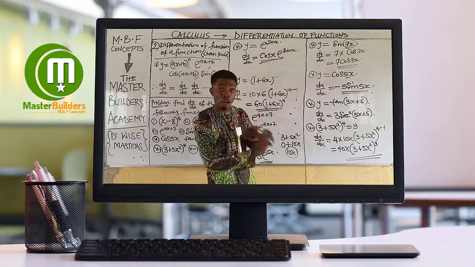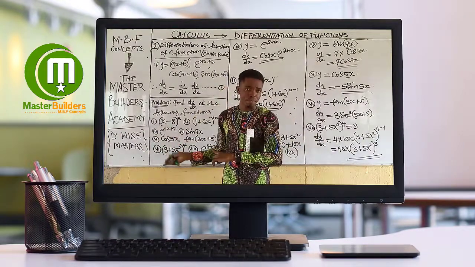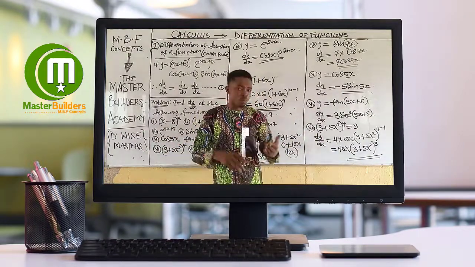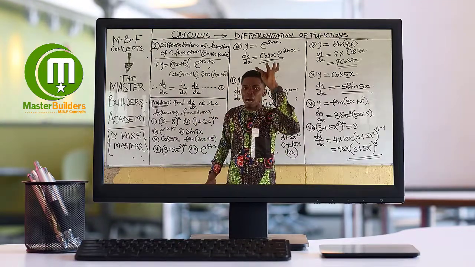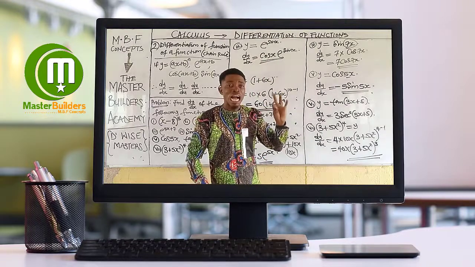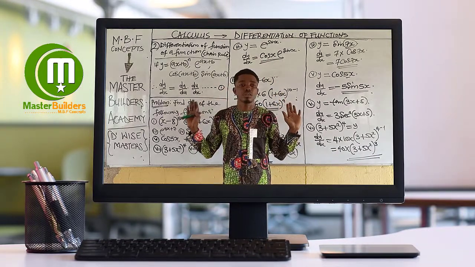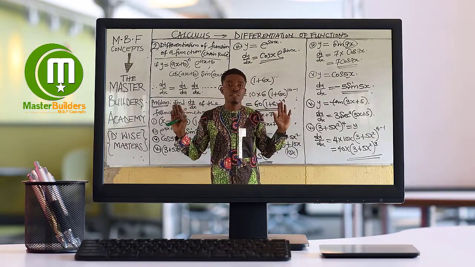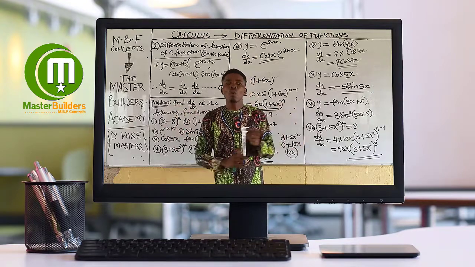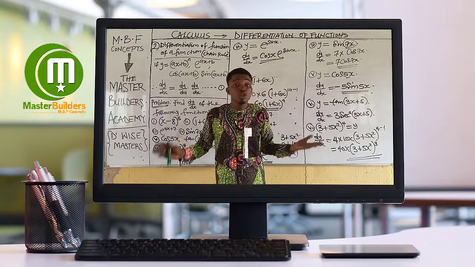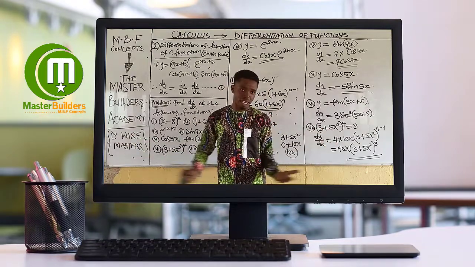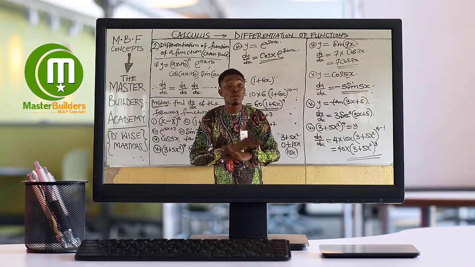Now reduce the power of the given function by 1. Then when you are dealing with an exponential function, all you need to do is to identify the power of the exponential function and differentiate it with respect to x, if the power is a function of x. When you differentiate the power with respect to x, multiply the result you have there by the given function.